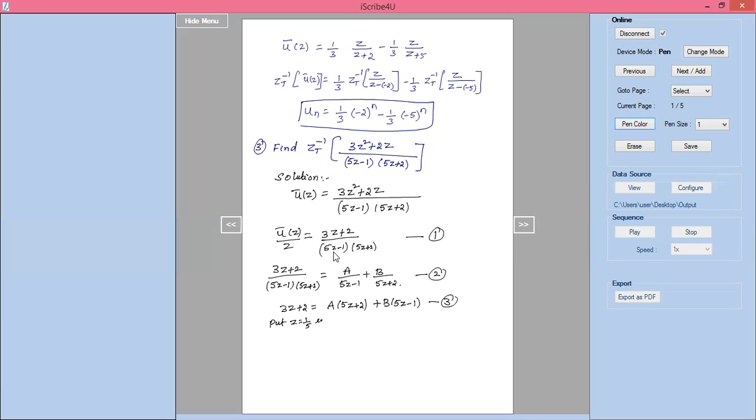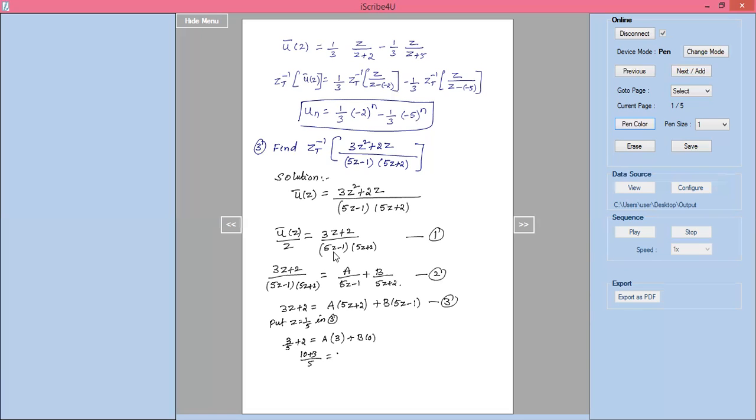We get 3 by 5 plus 2 equal to a into, 2 plus 1, that is 3, plus the b term becomes 0. Now 3 by 5 plus 2, 5 into 2 is 10, 10 plus 3 divided by 5 equal to 3a.